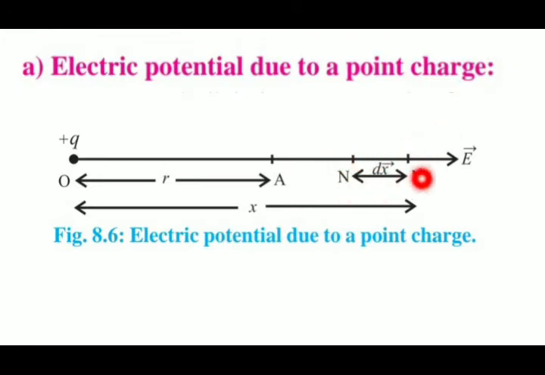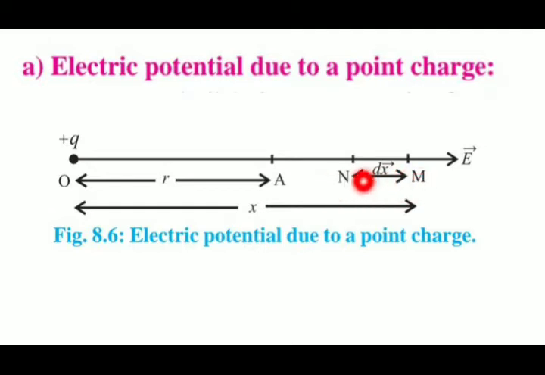See this. The displacement is opposite to this force, and it is dx, because it is a small displacement. So basically work done is force into displacement. The direction of the field is like this, but the displacement from M to N is opposite to the force.